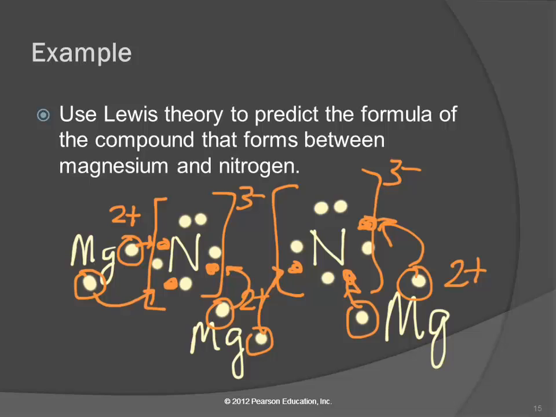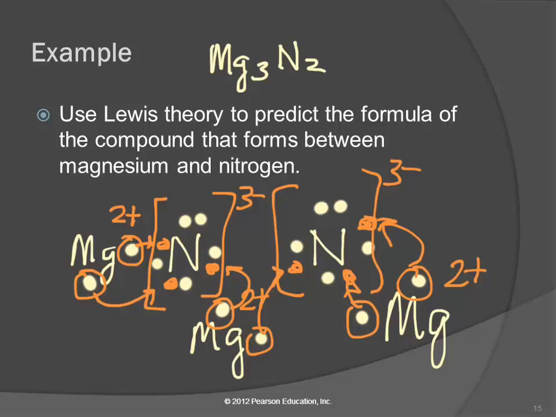So what's the formula? That's what it's asking. Well, count them up. We've got 1, 2, 3 magnesiums. So Mg3, and we've got 2 nitrogens. Mg3N2. We learned how to come about this formula in a different way in Chapter 5. Now we're looking at what's going on with the electrons.